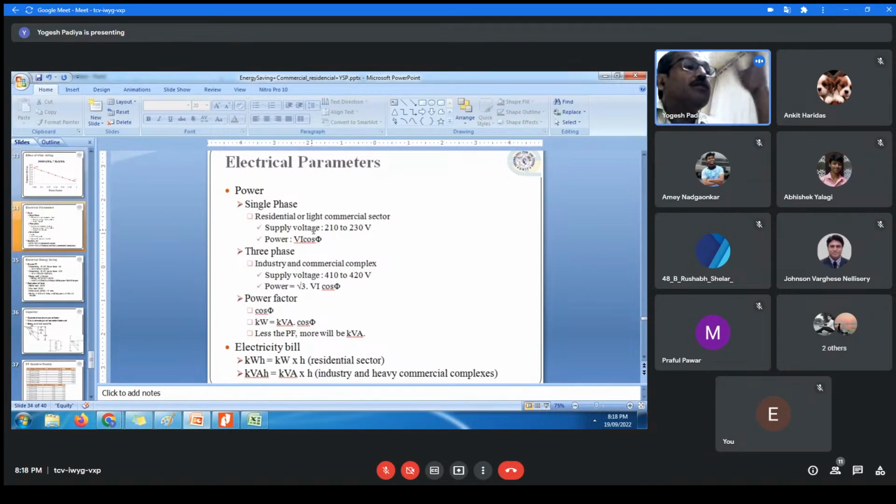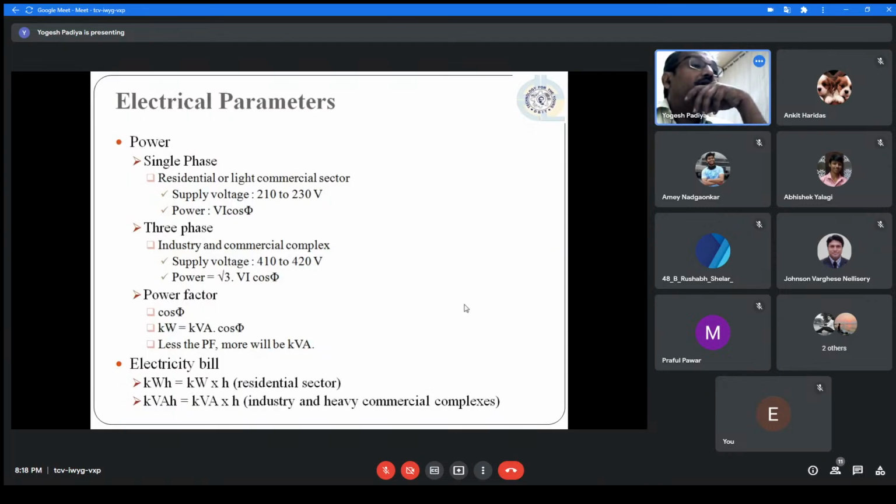Okay, so the power, as I have told you, can be measured by VI cos phi or root 3 VI cos phi, depending on single phase or three phase. In industry, three phase motors are largely used as compared to single phase. Single phase you will find rarely in industry. So the power factor would be cos phi, or you can say kW equals kVA into cos phi.